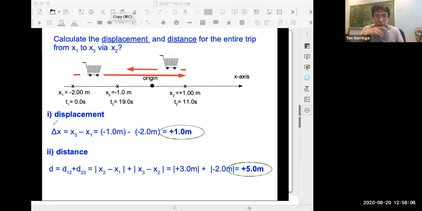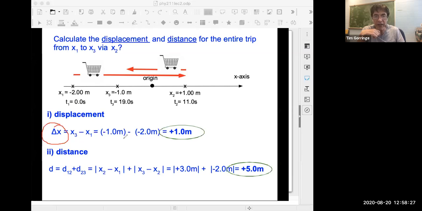The displacement, delta x here, that's the difference, if you remember from the definition, between the final location and the initial location. So final location is x3 for the entire trip. Initial location is x1.